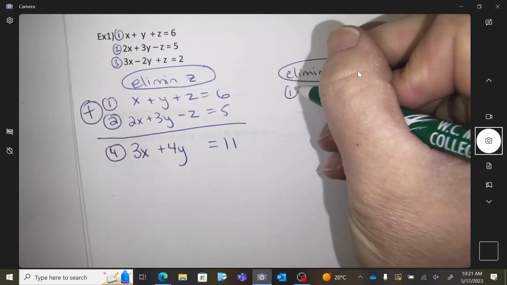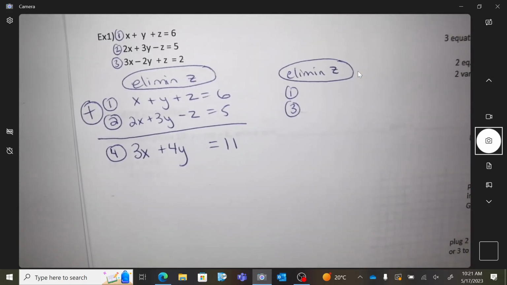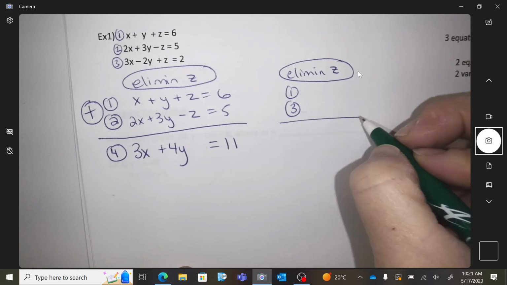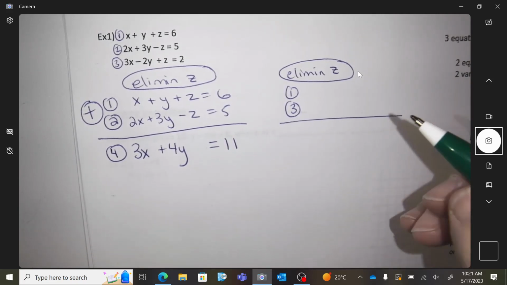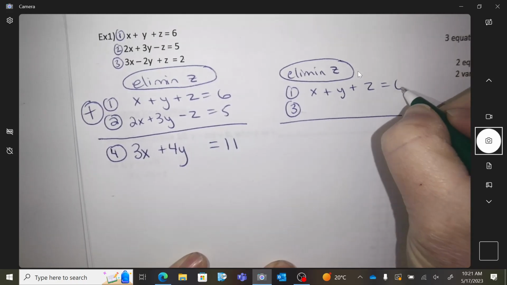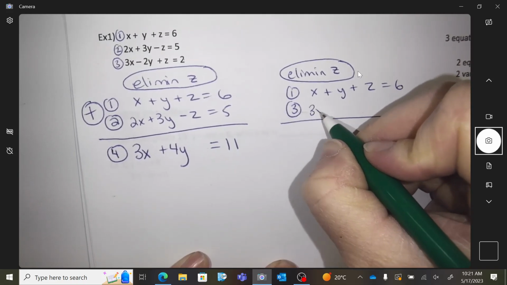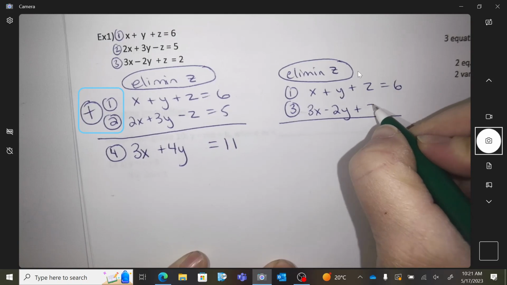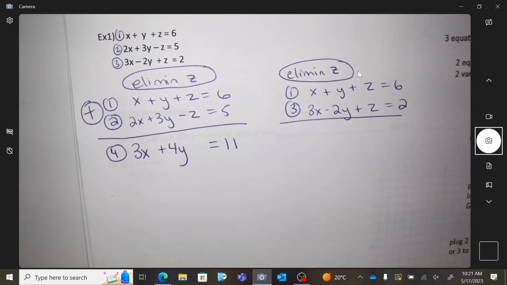Should we just go 1 and 3? Doesn't matter. This is why I love grading this one, because there's so many different combos. My answer key is very big. So you and your partner might do completely different things, but you're all going to get to the same answer.